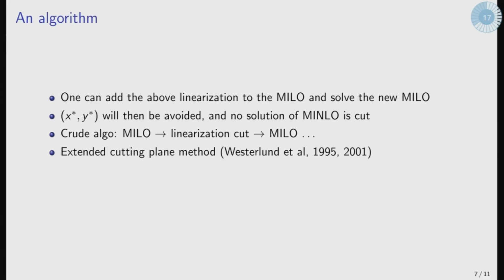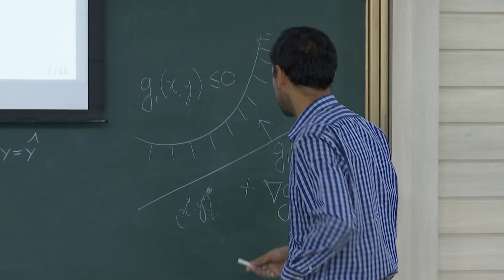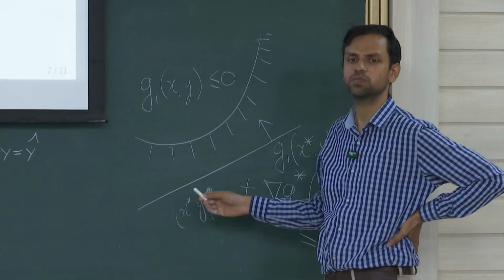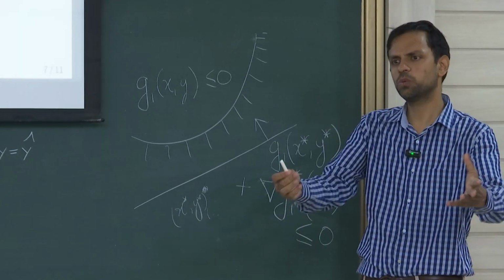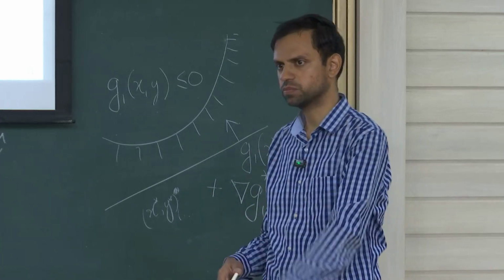Then I have an algorithm based on these two ideas of using MILO and generating these linearizations. I can solve a MILO and check the solution x star, y star for feasibility. If all constraints are satisfied, I am done. If not, I find which nonlinear constraints are violated, add this linearization, and get a new mixed integer linear optimization problem with a few more constraints, and then I solve it again.